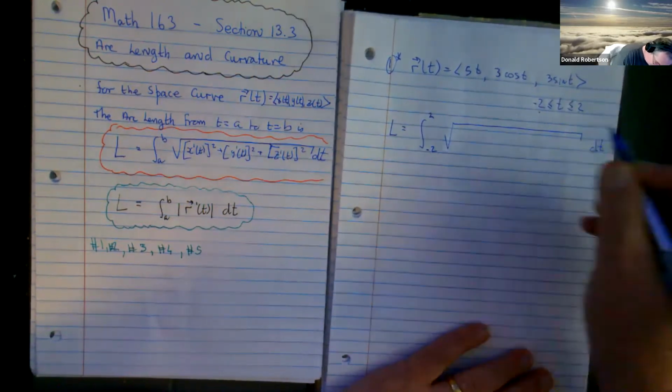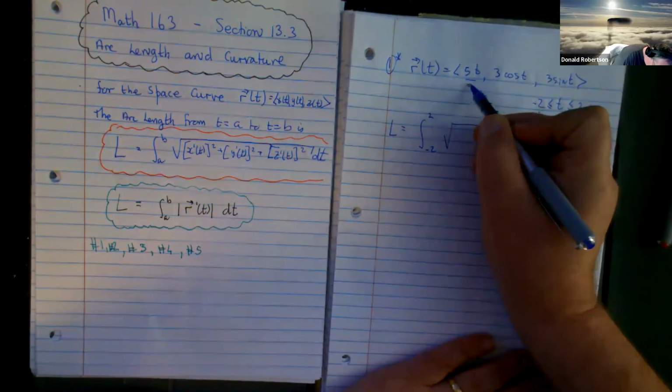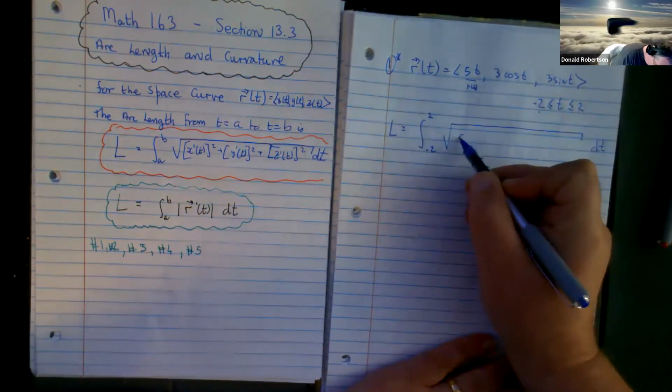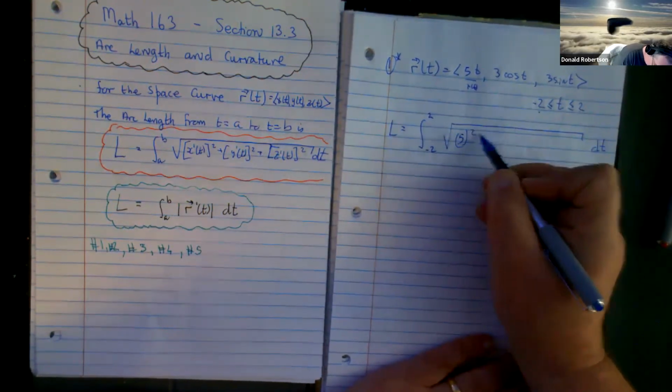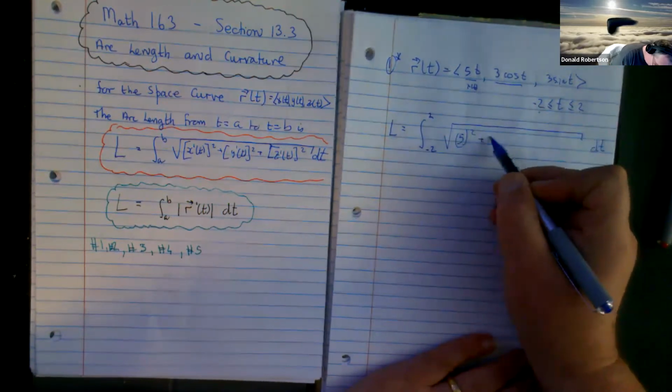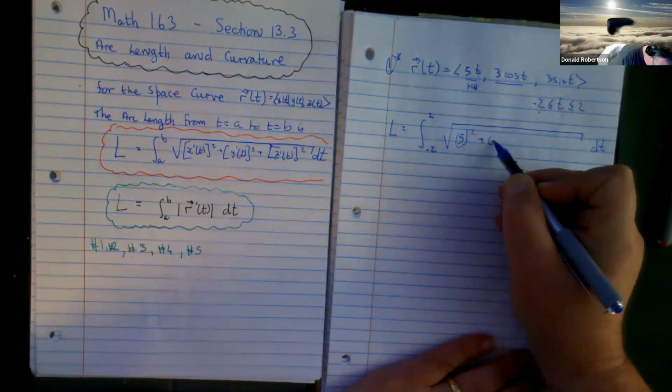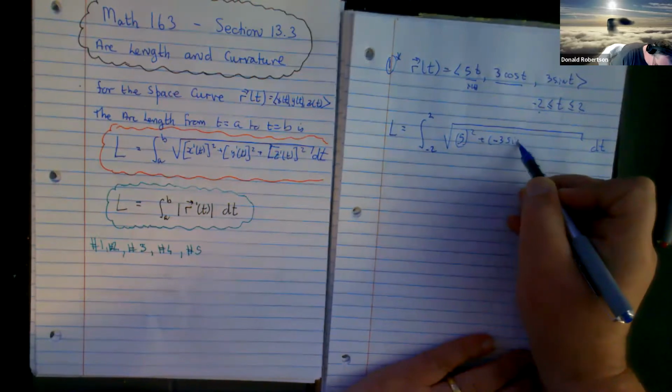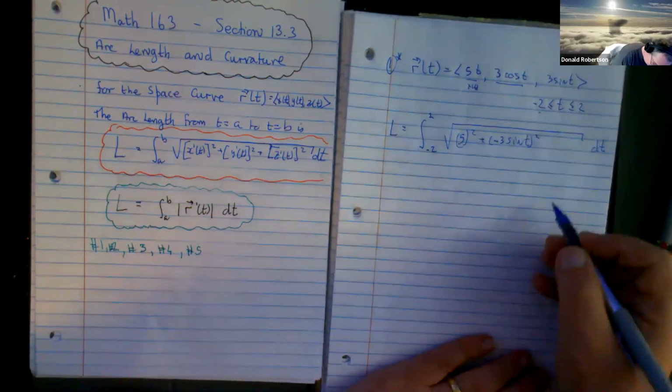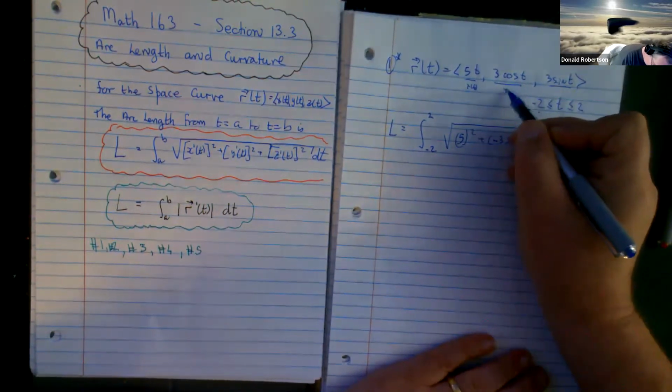Here it goes. The derivative of this guy, that's like x of t, is 5. And then you square it. The derivative of this guy, well, if you differentiate 3 cosines, you get -3 sines, and then you square it. That's basically your y of t.